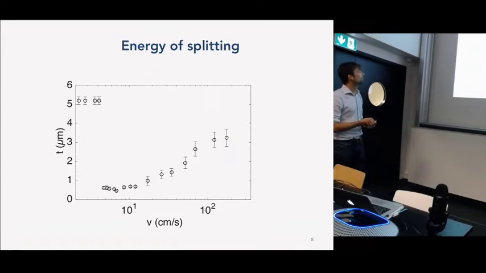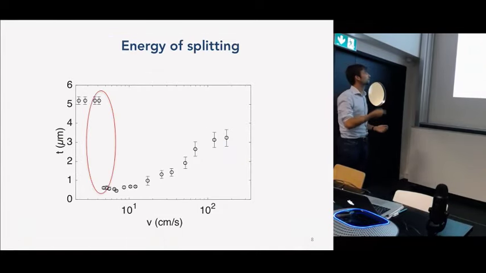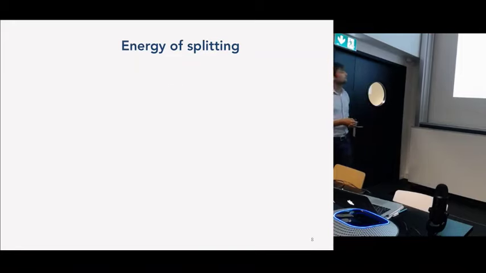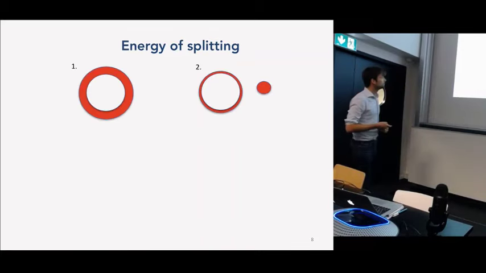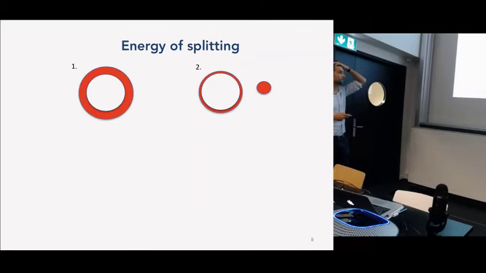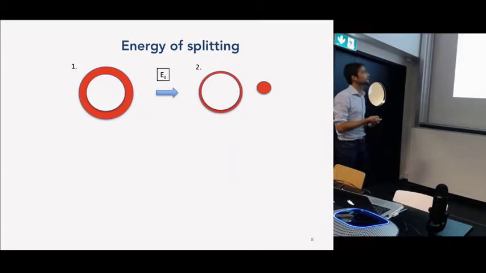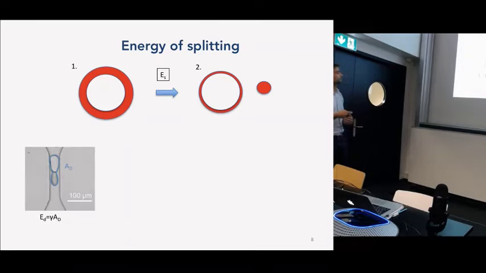So first, why do we have this jump here? And one explanation that we're trying to find is with energy. So you have a double emulsion, which has an energy state 1, and a thin shell plus an oil drop. And to go from here to here, you need to create surface, so you need to create interfacial energy. And this we call surface energy, ES. But we compare this surface energy to the energy that you give when you deform the drop.